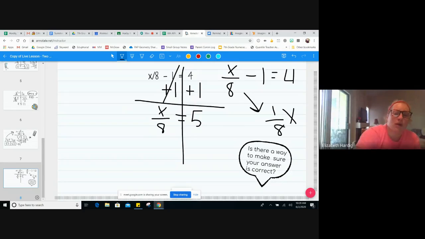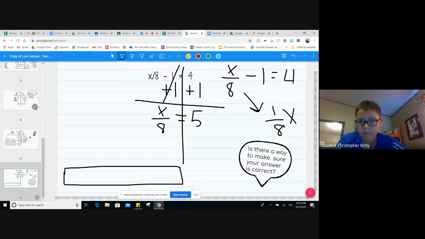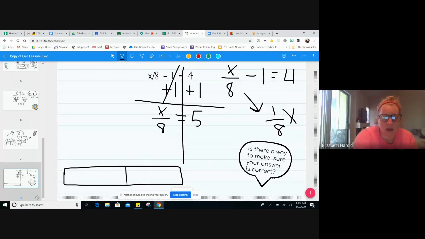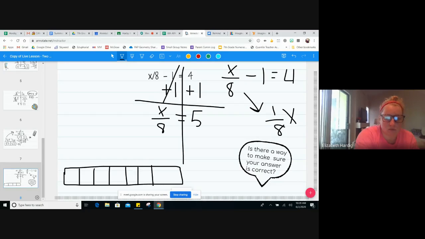So if you think about what we did on that last example, if I did draw a rectangle, how many pieces do I need to cut my rectangle into? 8. Yes, ma'am. 8, because it takes eight eighths to make one whole.